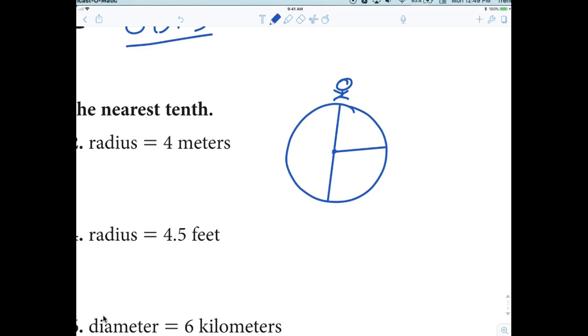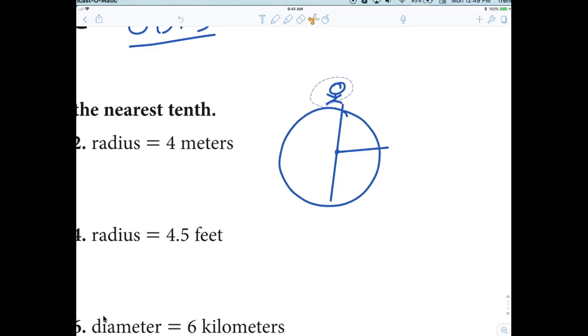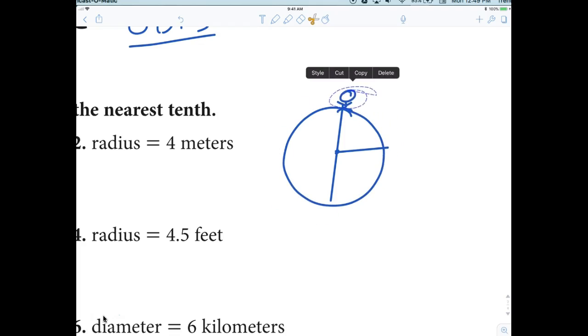The circumference is just a special word for the perimeter of the circle, all right? So all you're doing when somebody asks you to find the circumference is to take your little guy here and walk around the circle. That's what the circumference is. Anybody have any questions?